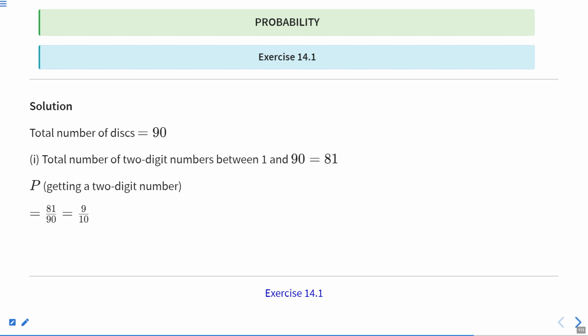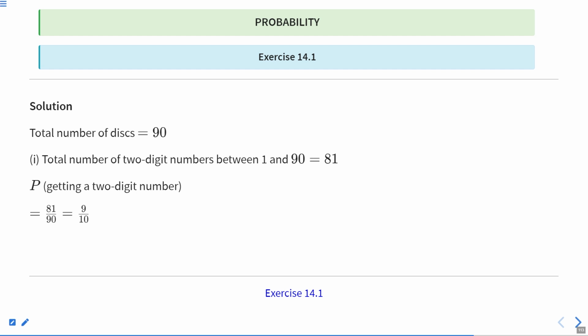From 1 to 90, the numbers 1, 2, 3, 4, 5, 6, 7, 8, 9 are not two-digit numbers, and 2-digit numbers start from 10. So 10 to 90, the total number of 2-digit numbers is equal to 81. So the probability of getting a 2-digit number is equal to 81 by 90, and this is equal to 9 by 10. Therefore the probability of getting a 2-digit number is equal to 9 by 10.